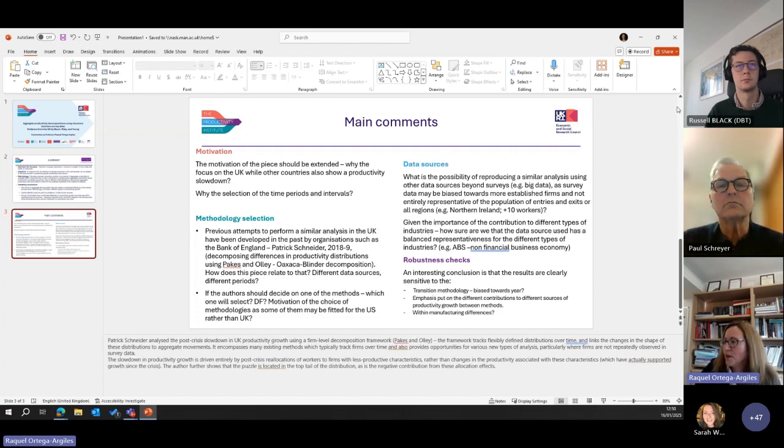So you might have problems with the representativeness of certain industries, or of certain places within the UK, like Northern Ireland, or firms with fewer than 10 employees. So, in order to be provocative, can we use other data sources, maybe big data for shorter time periods, to contrast the quality of the data source that is being used?